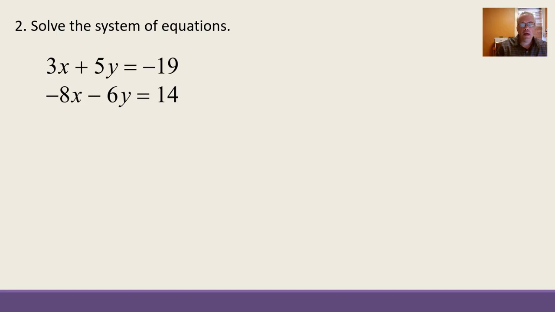So I'm going to eliminate x this time also. I'm going to multiply the first equation by negative 8, and the whole second equation by 3. So we're going to get negative 24x minus 40y equals negative 8 times negative 19, which is 152.